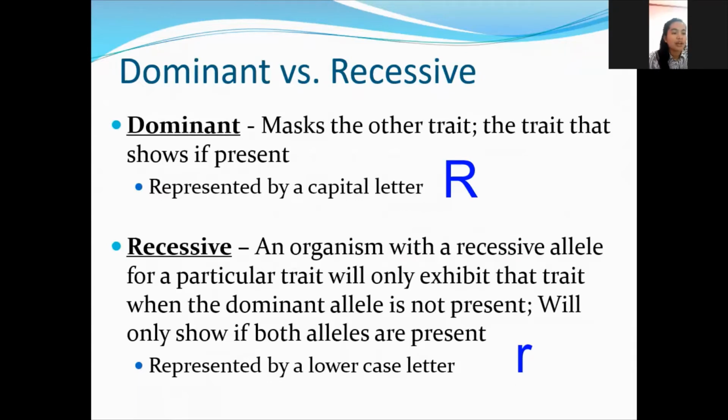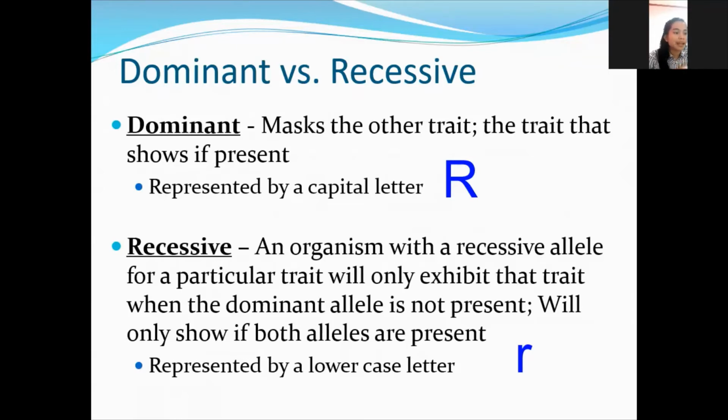Okay, when we say recessive, let's take this as an example. Yung lolo mo, matangkad. Yung papa mo, matangkad. And then, yung mama mo, matangkad. Alright? And ikaw na anak, okay? Maliit ka.